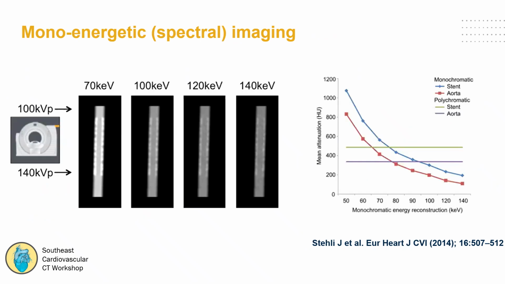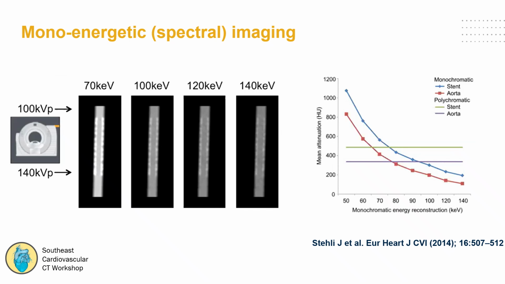Spectral or monoenergetic imaging is another strategy to improve stent evaluation. By reconstructing images at higher monoenergetic levels, we can reduce beam hardening and blooming artifacts from the metallic stent. As you move from 70 to 140 keV, the stent edges become cleaner and lumen visualization improves.